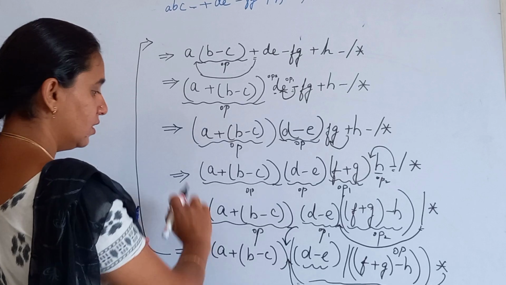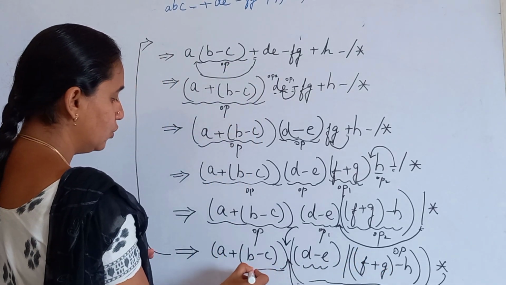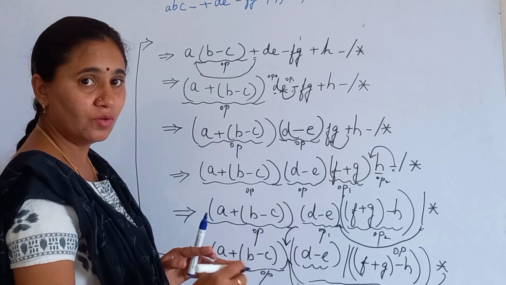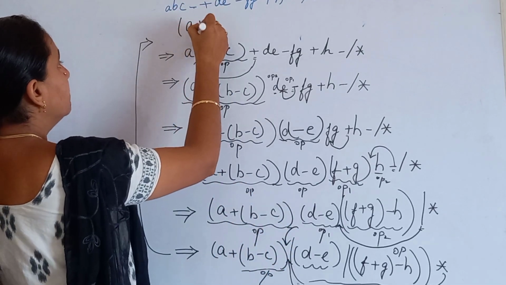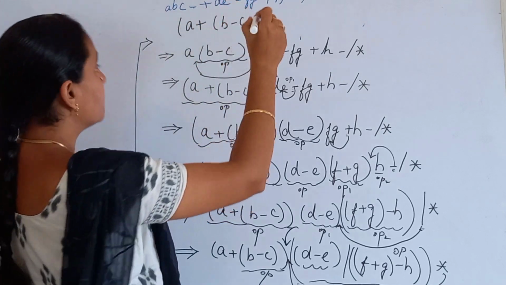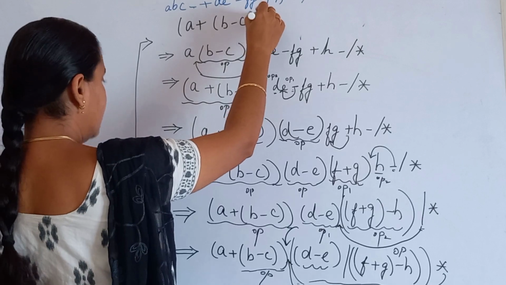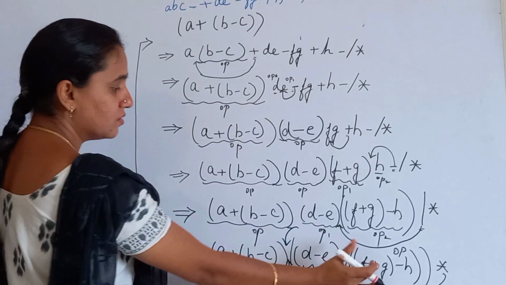So you are going to write the step. This is your operand 1 and this is your operand 2. Okay, now I will write A plus B minus C, then here only you should insert, isn't it? So this is your operand and this is your operand.